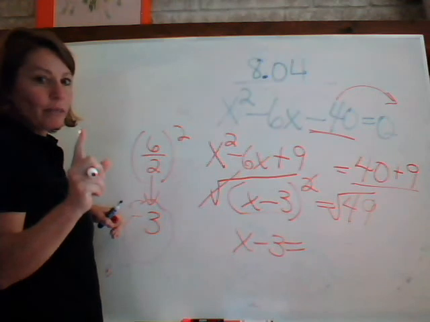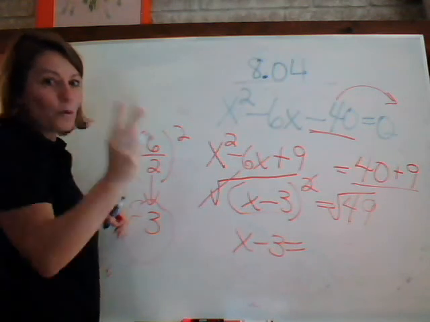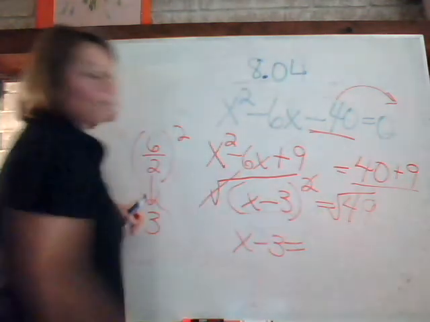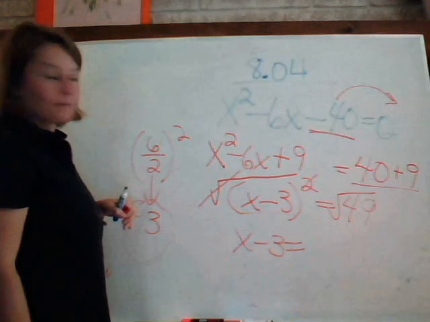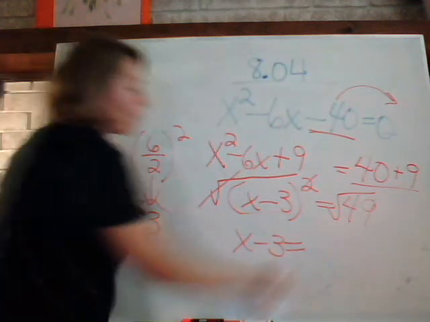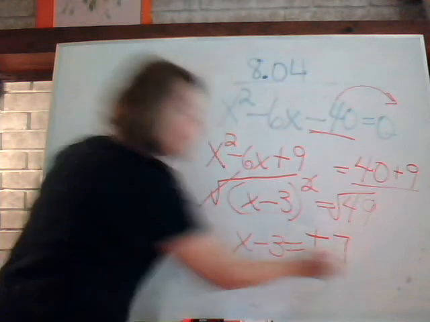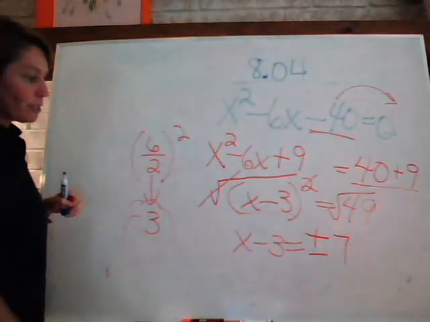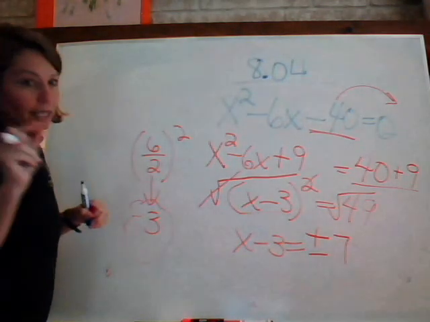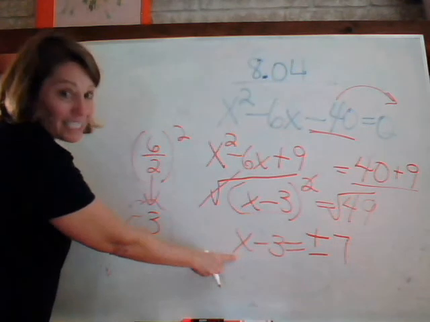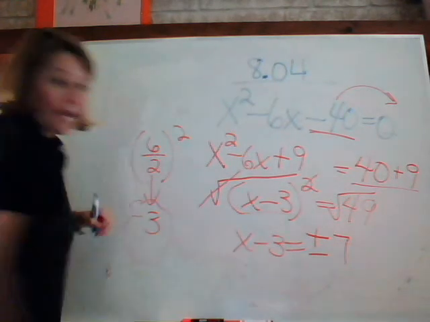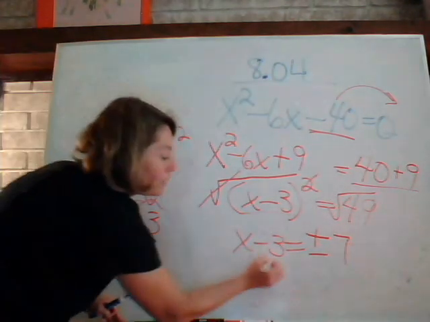Okay, now over here, don't be caught making that mistake. When you take the square root, how many solutions do you have? 2. What's the square root of 49? 7 times 7. But I have to write positive and negative 7. I have 2 possible solutions. Now, I'm so close to being done because x is not by itself yet. So I need to add 3. So I'm going to add 3 to this side.